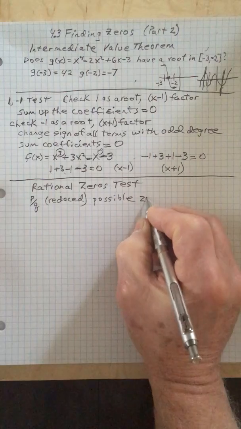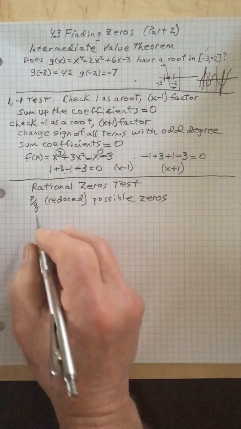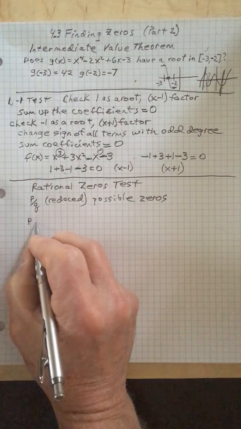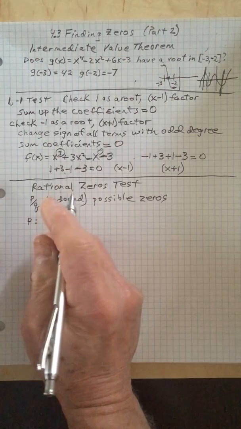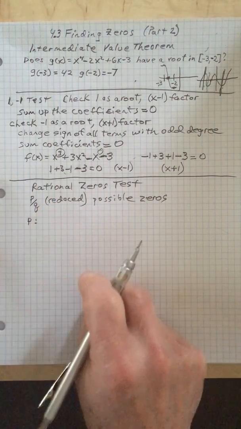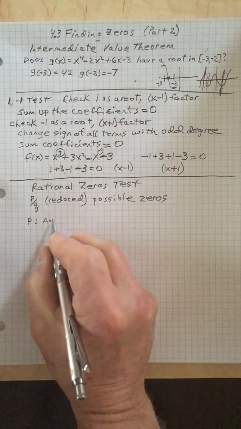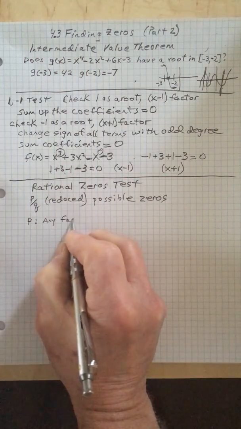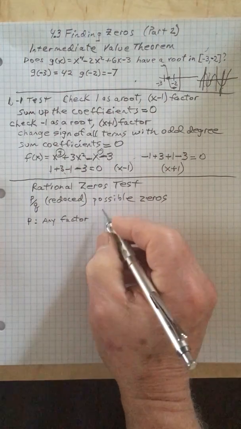Again, possible zeros. Okay, so what is p? p is any factor of the constant term. And we'll see it in an example, and it'll make sense.